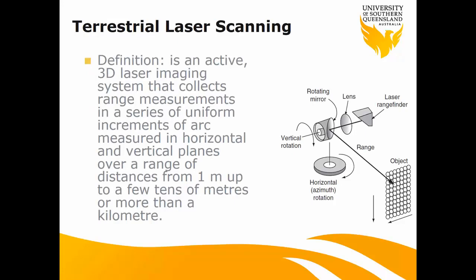So what is terrestrial laser scanning technology? It is an active remote sensing technology. It's not passive, because the laser scanner sends a laser beam to the target you are interested in, and then receives the returned laser signal. In this way, we can determine the point position in three-dimensional space. But not just a single point.